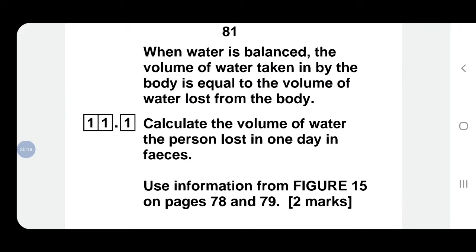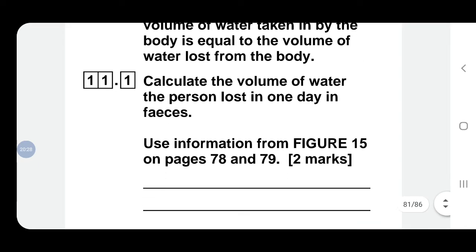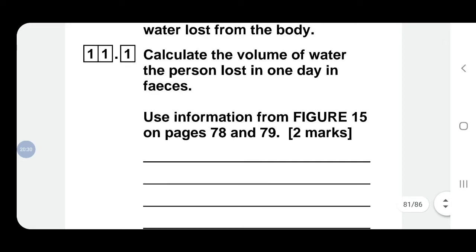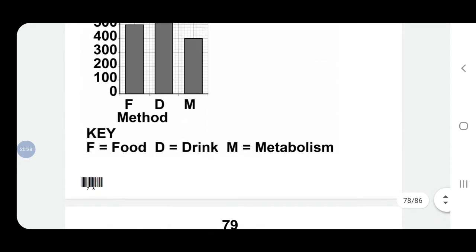When water is balanced, the volume of water taken in by the body is equal to the volume of water lost from the body. Calculate the volume of water the person lost in 1 day in feces. Use information from figure 15 on page 78 and 79.